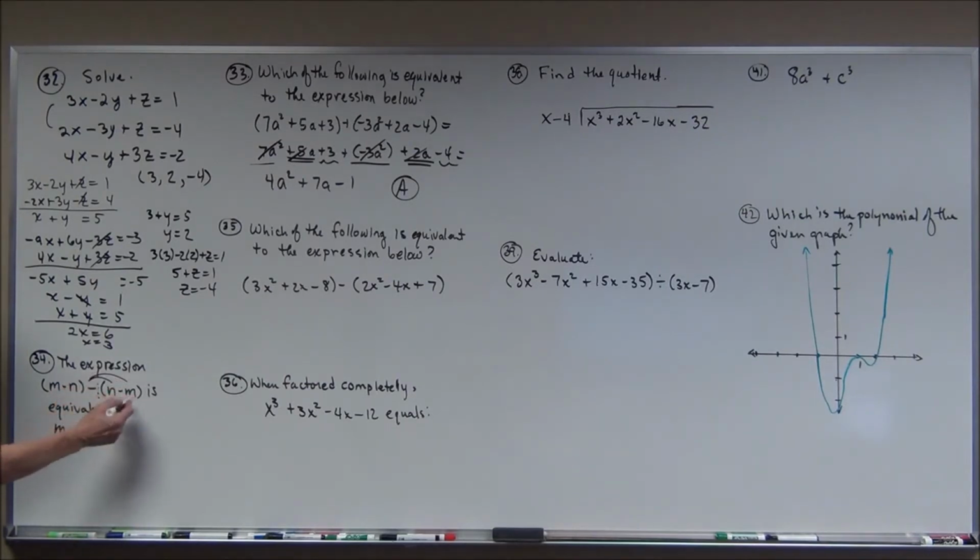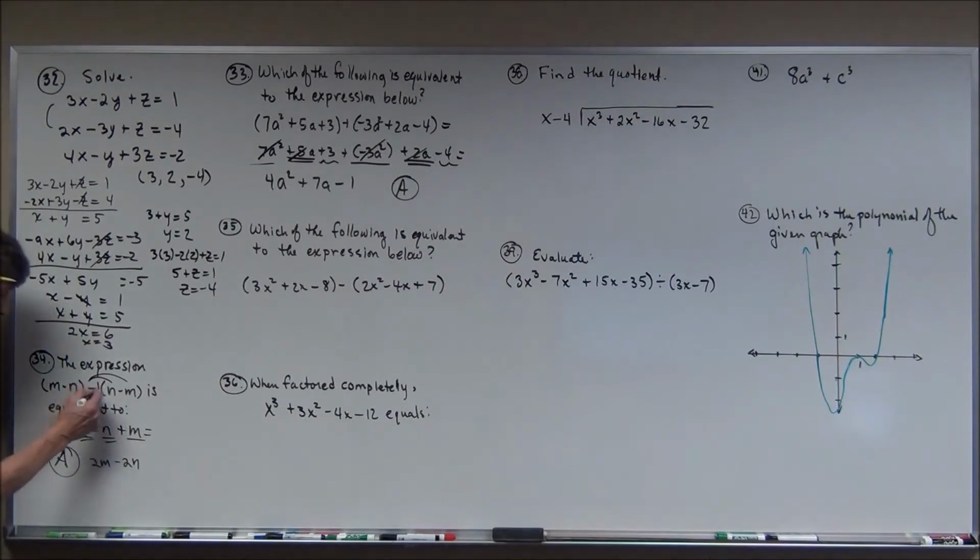That'll be minus n plus m. So when I combine like terms, I have 2m minus 2n, and hopefully that matches one of the answers. And that one looks a little bit like answer A. There we go. Be very careful because of that subtraction sign.